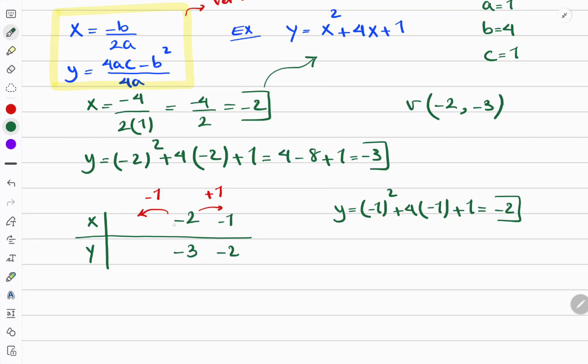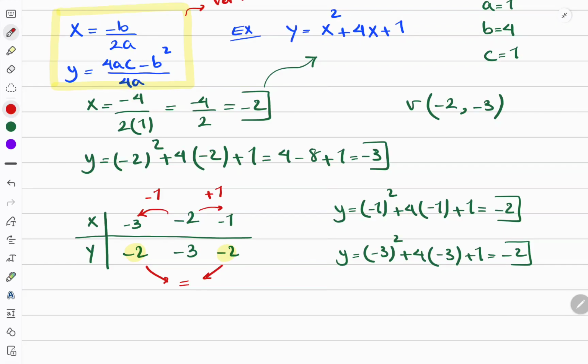And the same story for negative 2 minus 1, which is negative 3. So y is negative 3 squared plus 4 times negative 3 plus 1: 9 minus 12 plus 1, which is negative 2. So as you can see, these two y values are equal.